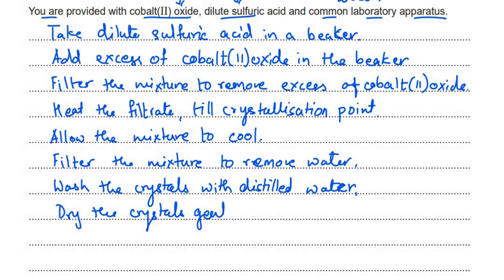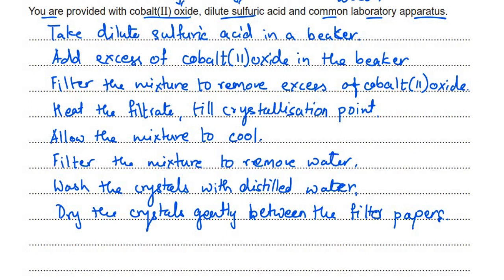gently between the filter papers. Now why am I drying the crystals in filter papers? Why can't we dry them by heating? Because if we heat the crystals with direct heating, then the water of crystallization will evaporate off and the crystals will break down into amorphous powder.